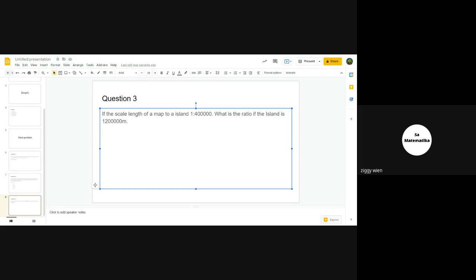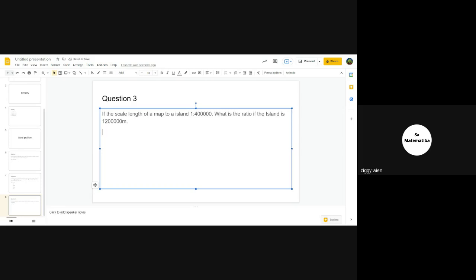It means every 400,000 meters on the island is equal to 1 meter on the map. Like if you see a map and you see an island, the island wouldn't be as big as the one on the map, right? So this explains.